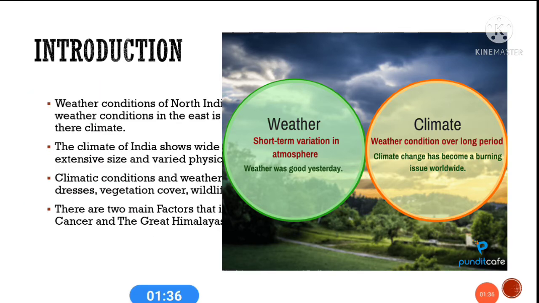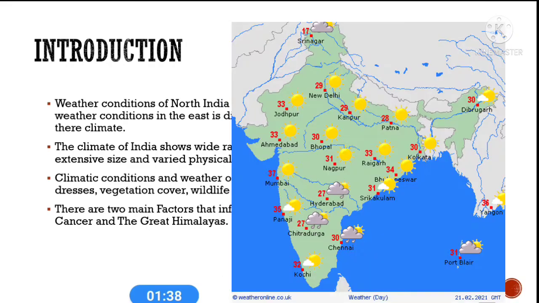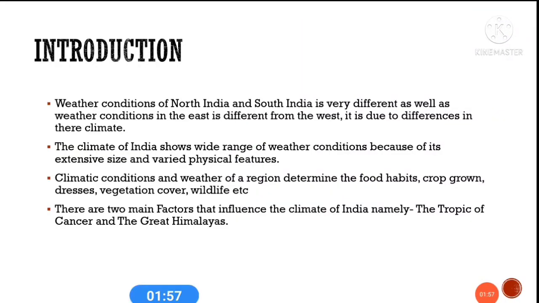If we see the weather condition of North India and South India, it is very different, as well as the east and west of India. It is totally different. It is due to the difference in their climate. So the climate of North India and South India is different, as well as the climate of East and West India is totally different from one another.